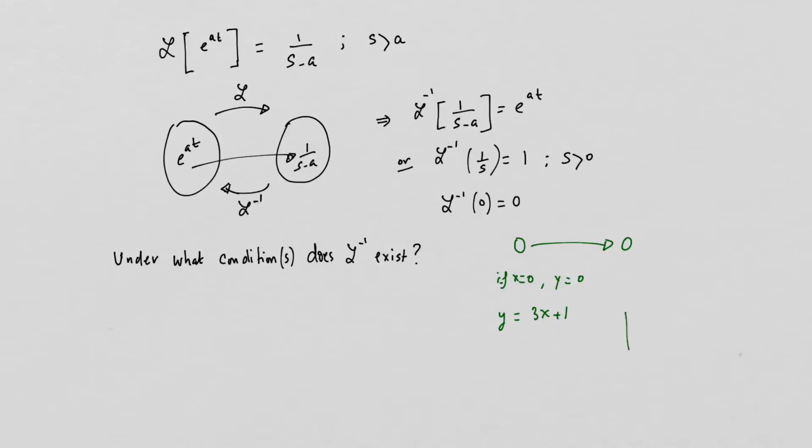So this function goes through 0, 1. What does that mean? It means when x is 0, y is not 0. Y is 1. Again, it doesn't have to go through 0, 0. But if x is 0, y must be 0. And that's how you recognize linear operators, okay? So keep that in the back of your mind.